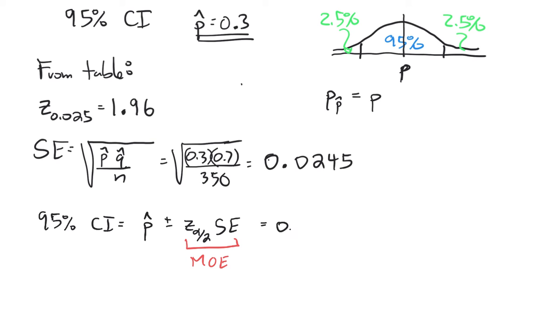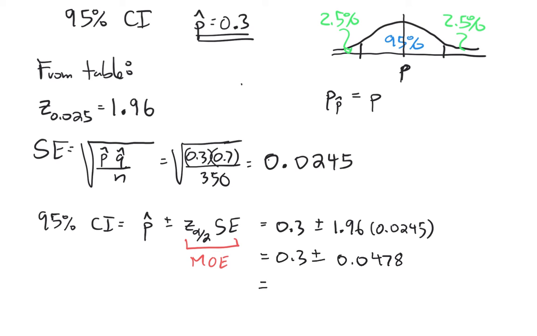This is going to be 0.3 plus or minus 1.96 standard errors. And we calculated our standard error to be 0.0245. And our margin of error, if you calculate that, is 0.0478, we'll say.